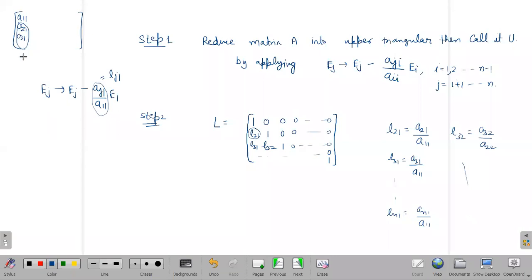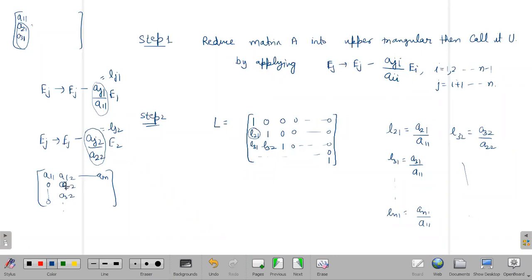Now after making these elements 0, these entries will also change. So you use the operation again with the help of the E2 row now. So this ratio will give you Lj2. Means now after making these elements 0, you have A11, A12 that will be non-zero, 0, 0, 0, A22, A32, and so on.